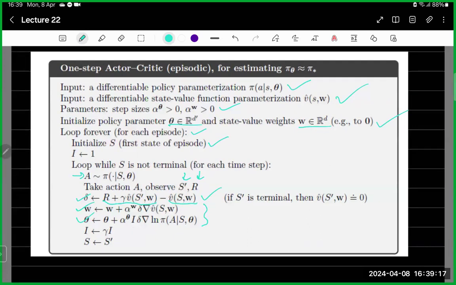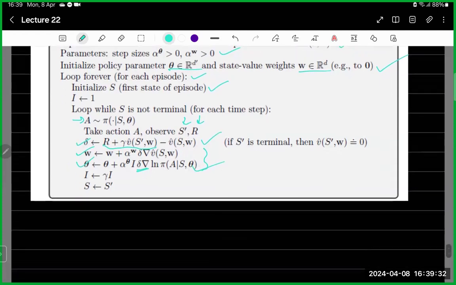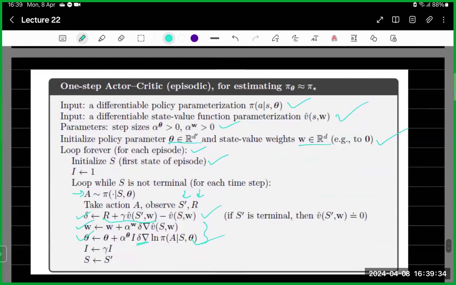You don't subtract this thing while updating. That's the only thing. For the theta update, you don't subtract the baseline, which is your V pi hat. Or you could directly learn the Q function instead of learning a value function. That is also possible.